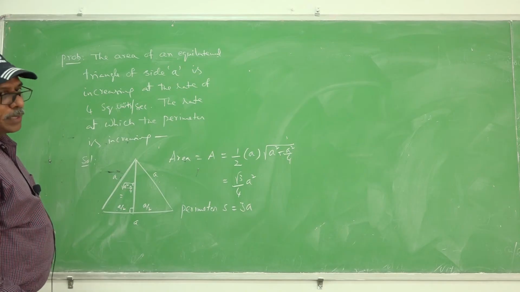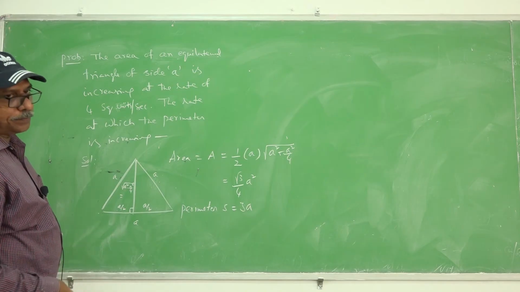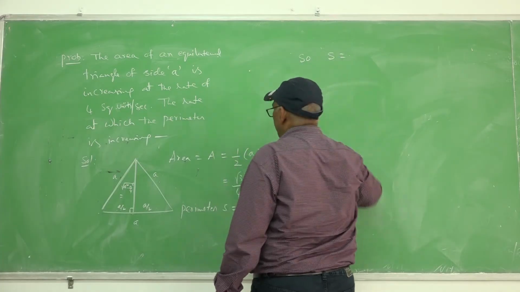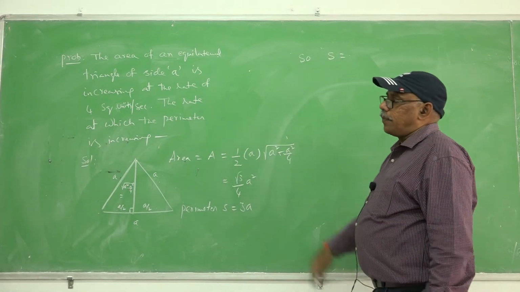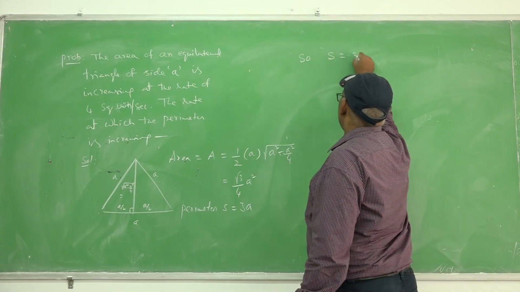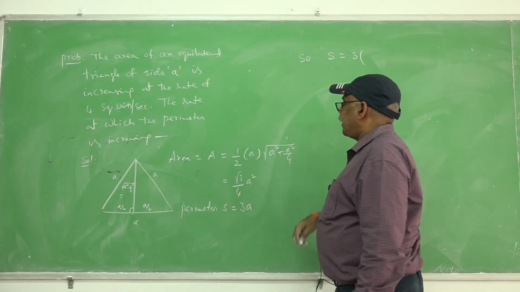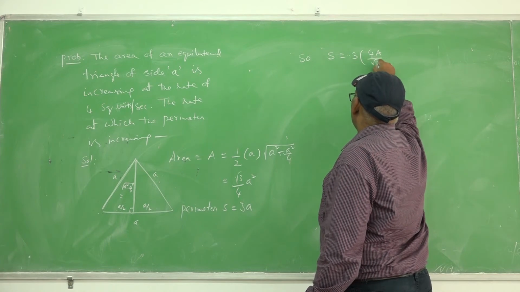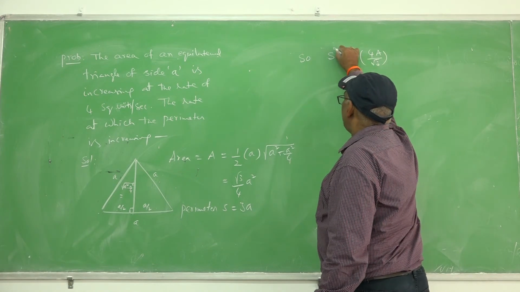Now write the perimeter in terms of area. I will write area as capital A. Perimeter S is 3 into small a, and capital A is root 3 by 4 small a square. Take S square.